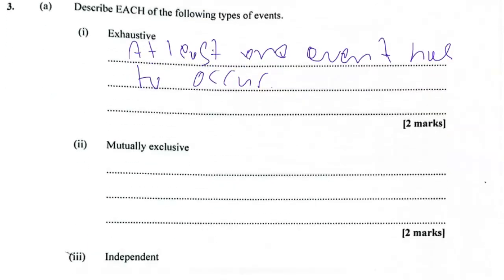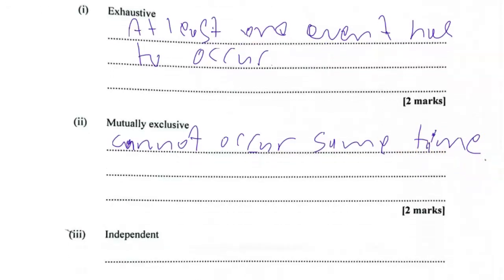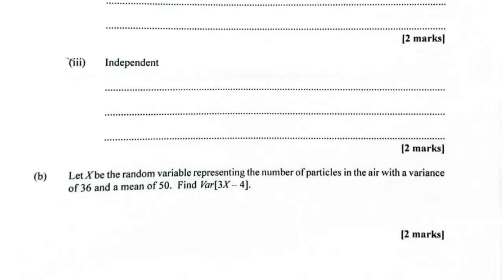Events are mutually exclusive if they cannot occur at the same time. So two events are mutually exclusive if they cannot happen or occur at the same time. Independent.